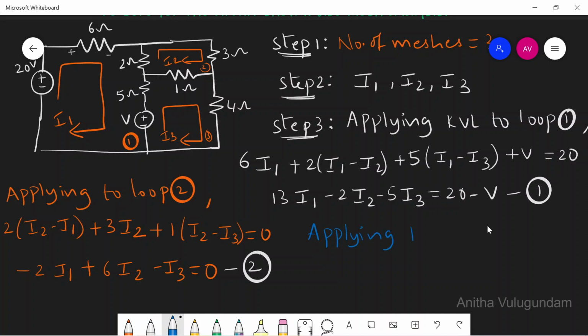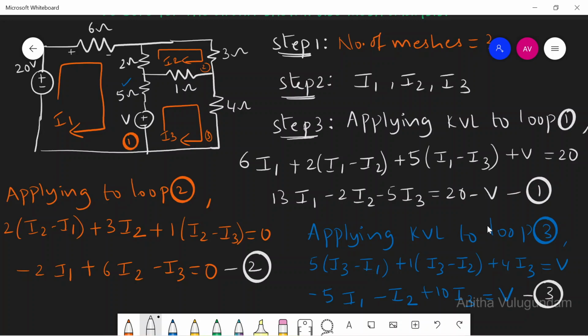Applying KVL to loop 3. I'll start with the 5 ohm resistor here: 5 into (I3 minus I1) plus 1 into (I3 minus I2) plus 4 into I3 equal to V. I can rewrite the equation as minus 5I1 minus I2 plus 10I3 equal to V. Let this be equation number 3.